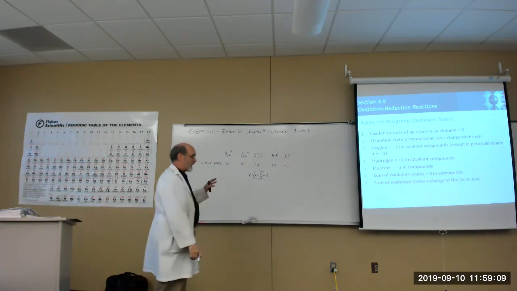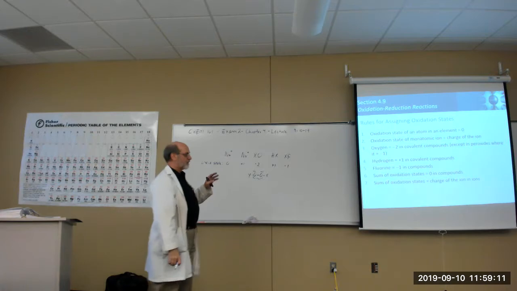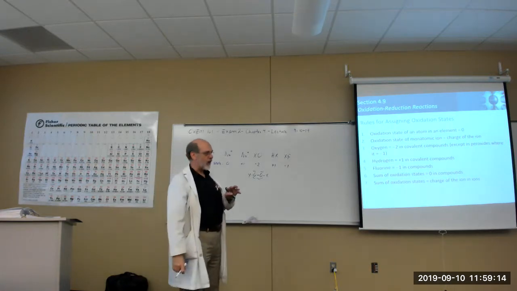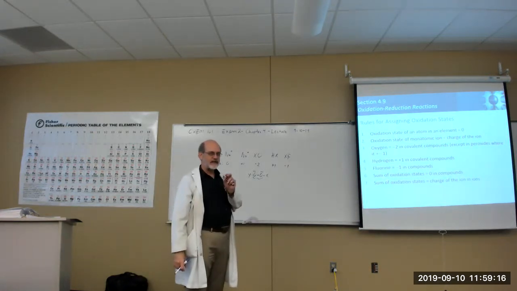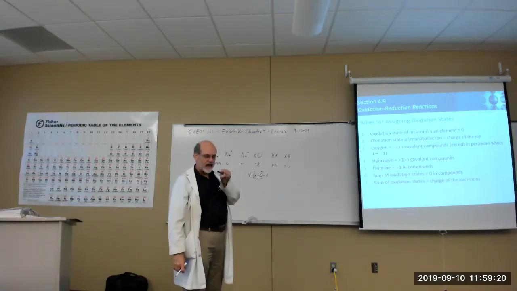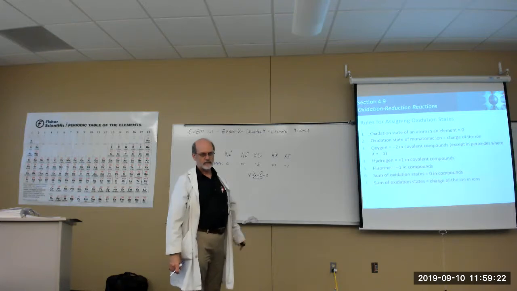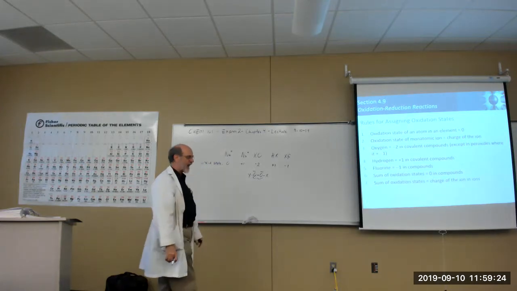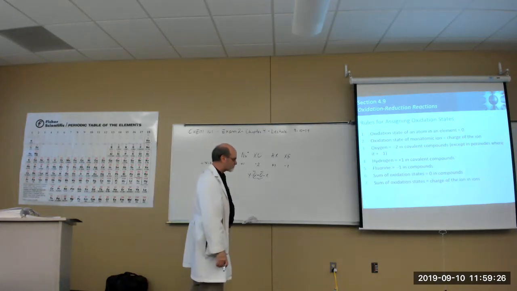Now, when you have a compound, compounds are always neutral. So the oxidation state of the compound is 0. That means everything inside the compound has to add up to 0. The pluses have to balance the minuses.